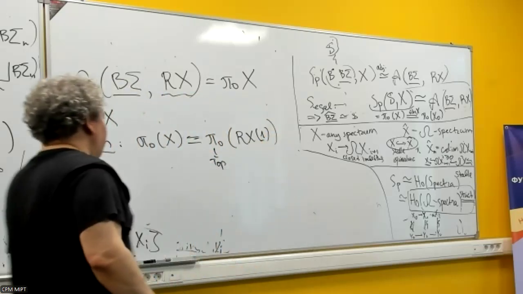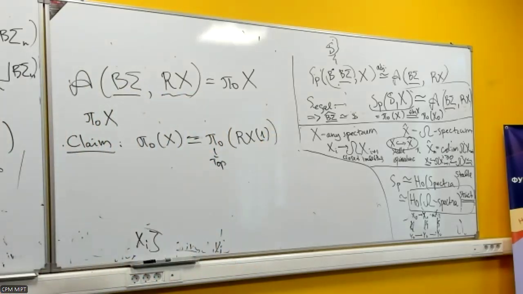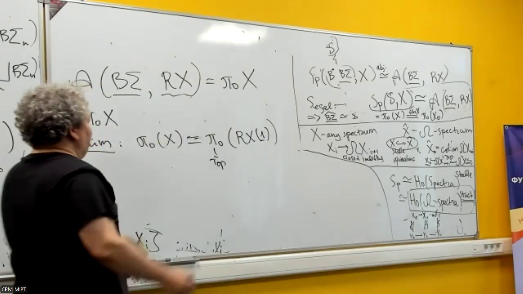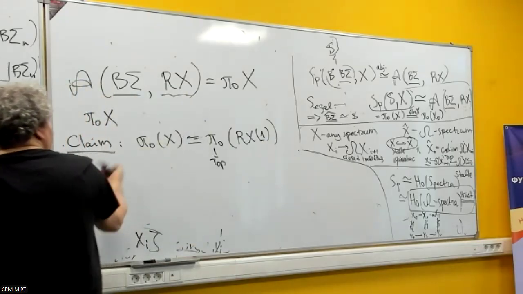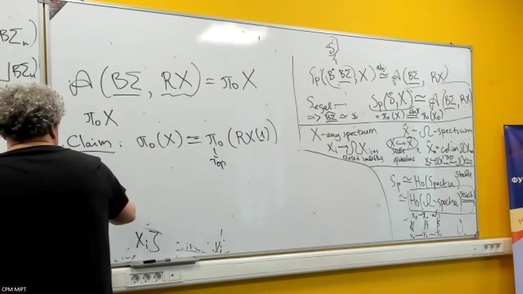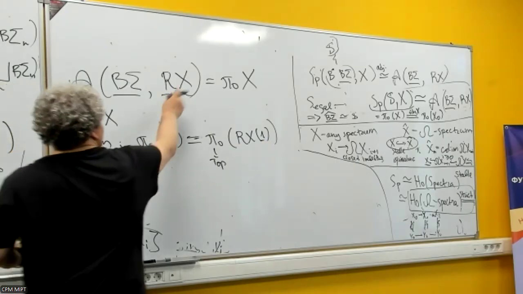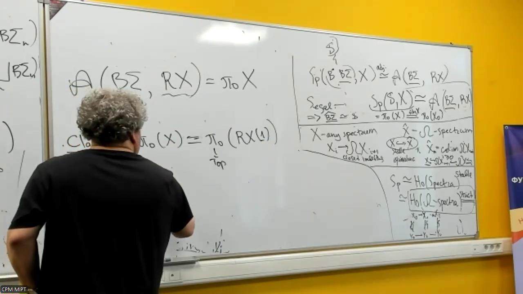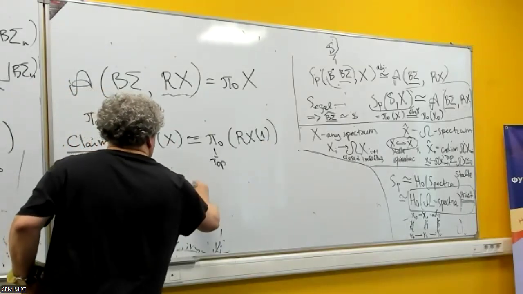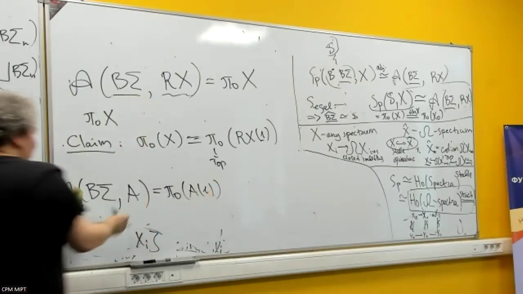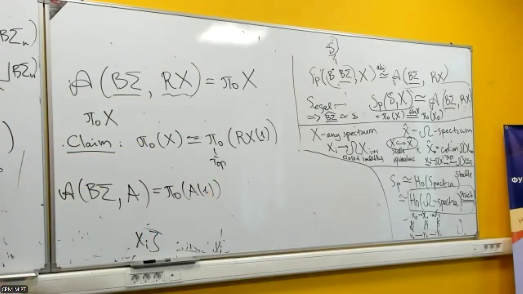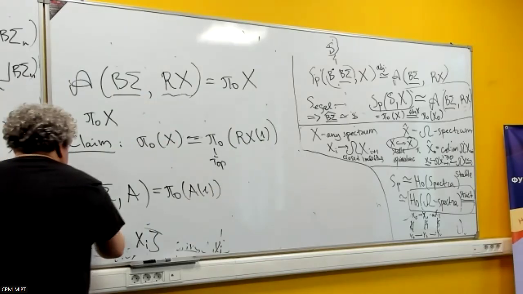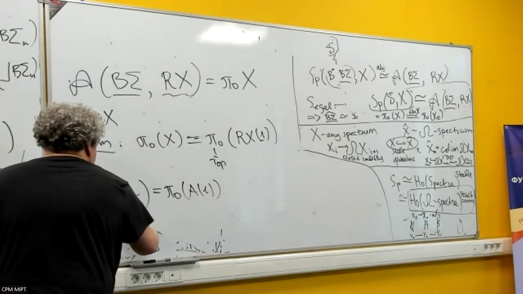This is a claim that for any fibrant spectrum X it is the case. Then it will be very nice for me because I eliminate this Rx completely. I'm going to prove that, and after that I can replace this by any special Gamma space A, where it's actually pi 0 of A of the first component. This is what I'm going to prove as soon as I establish that.